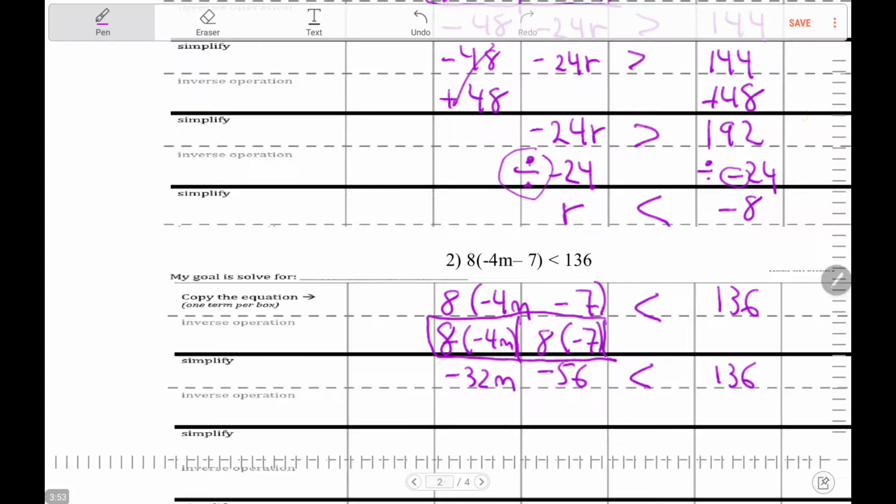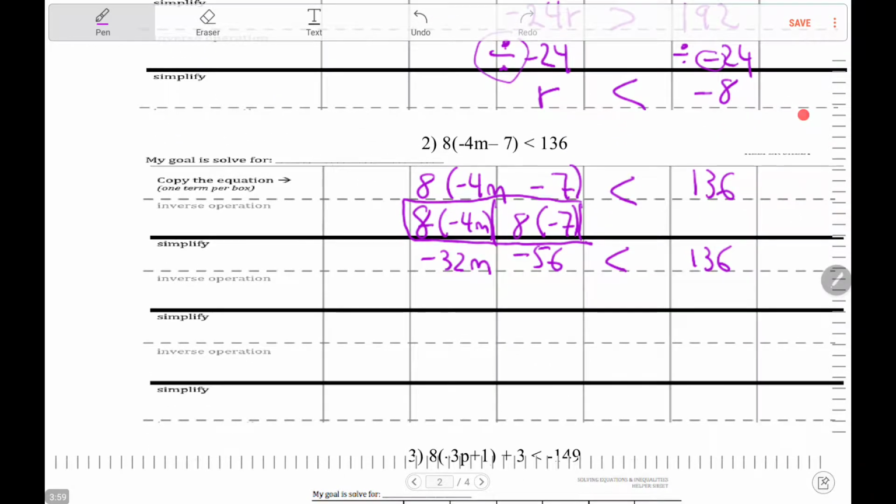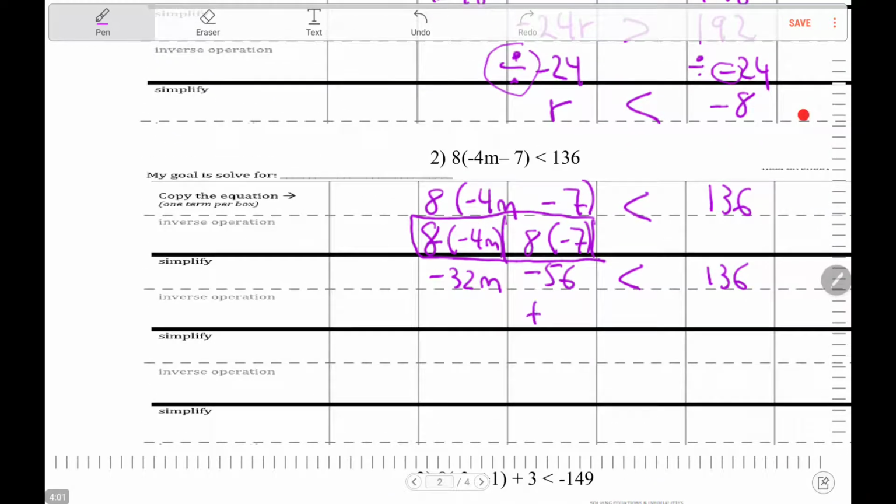Okay. What's our inverse operation? Gonna add 56. Gonna add 56. So what do we have? -32m. Remember, the sign doesn't change because all we did was add.